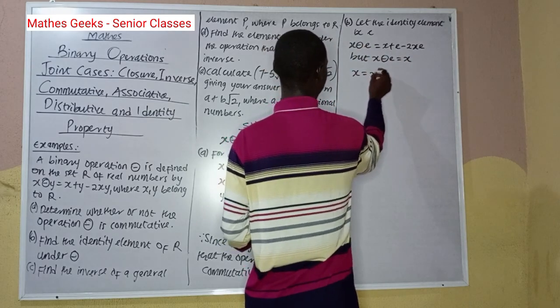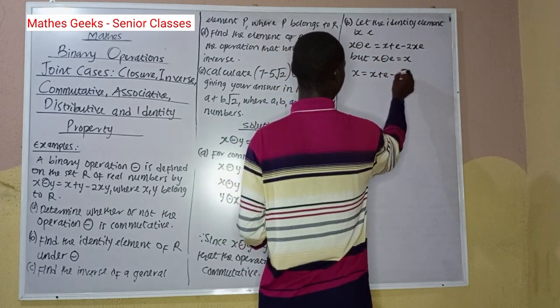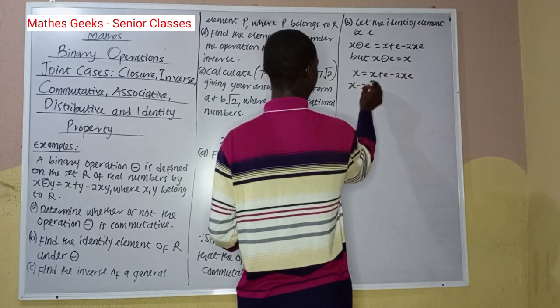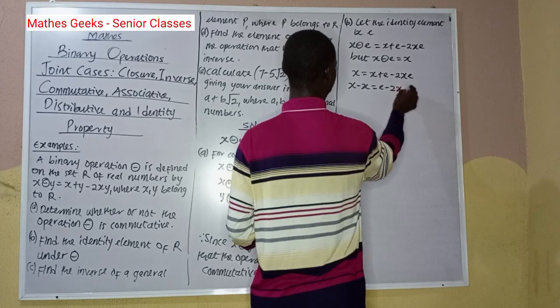So x = x + E − 2xE. Then x − x is equal to E − 2xE.